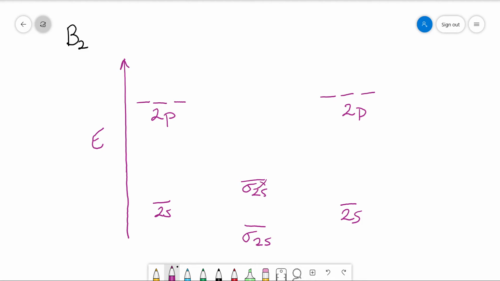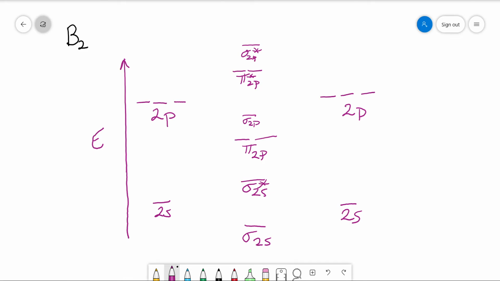So we have our sigma 2s and our sigma star 2s. Next we have the two pi 2p, and don't worry about where this comes from, you just have to know the order. Then we have the sigma 2p, and then the pi star 2p, and then the sigma star 2p.